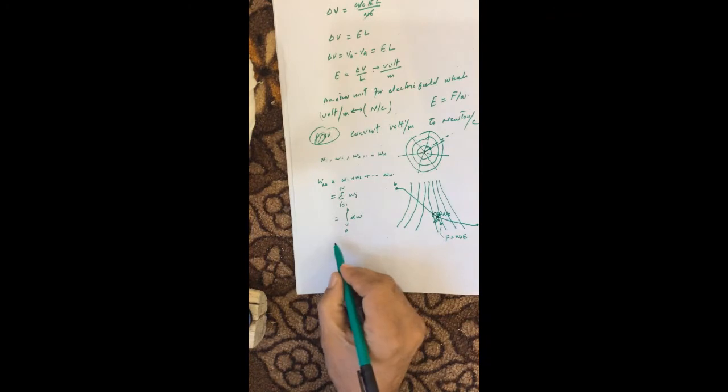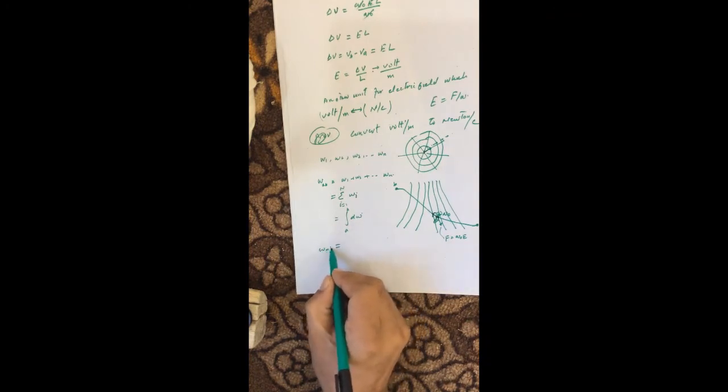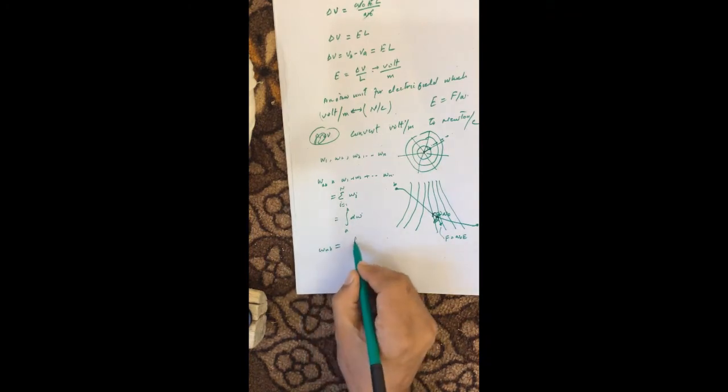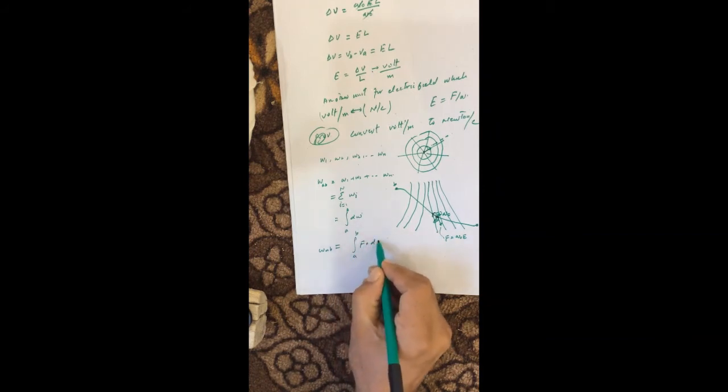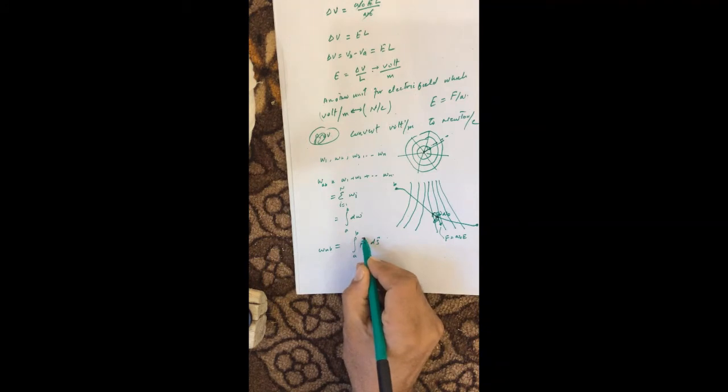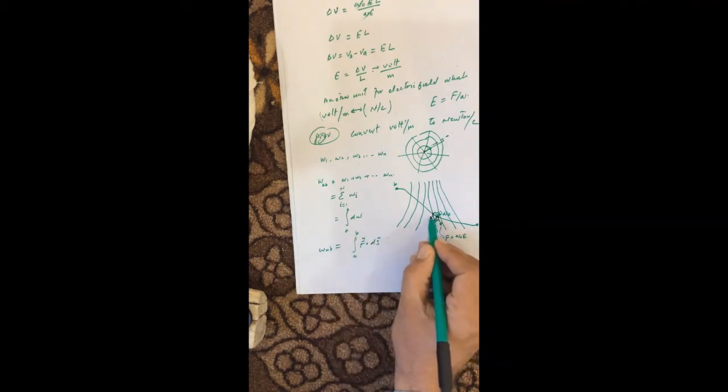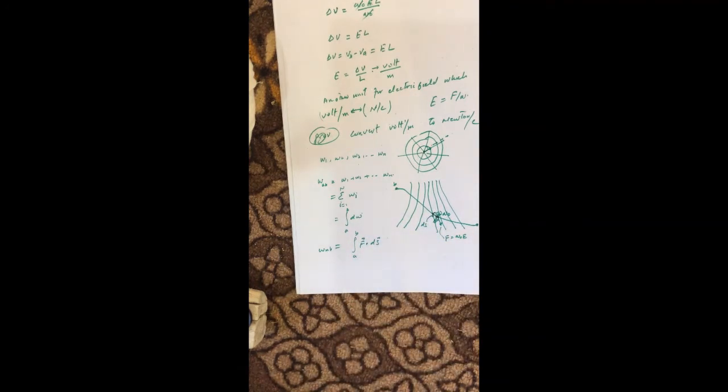We can write the work done from A to B as the integral from A to B of F dot ds, because we have a small displacement here, represented by ds.